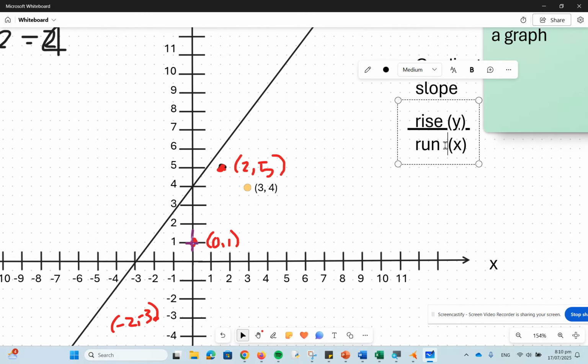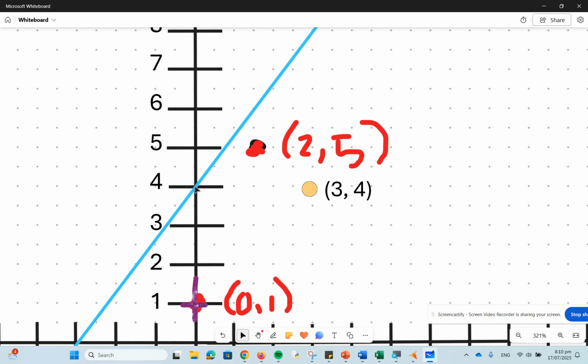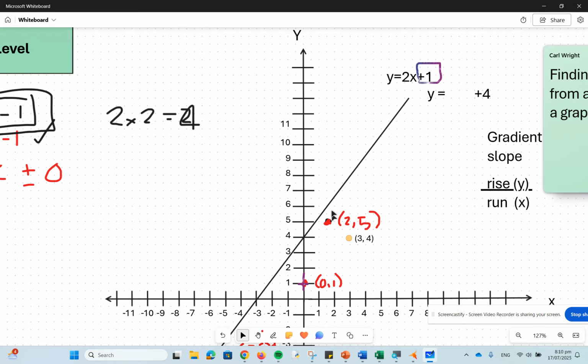So let's have a look at how we work out the gradient or the slope, the rise over run. We start at the y-intercept, and we're looking for where this line crosses over one of these straight lines.